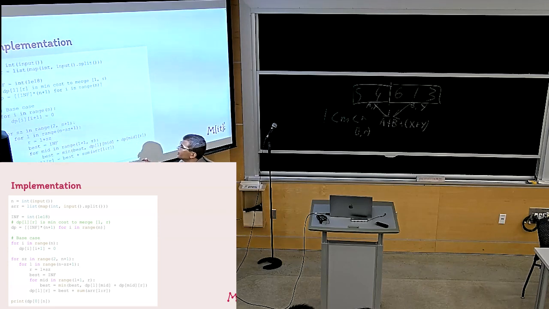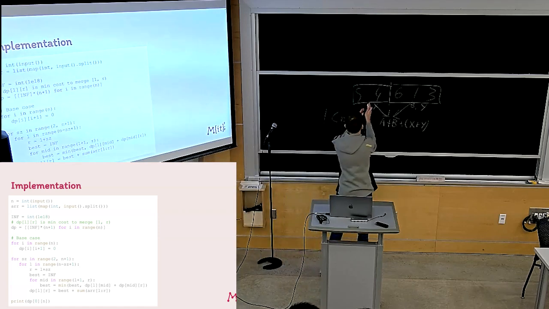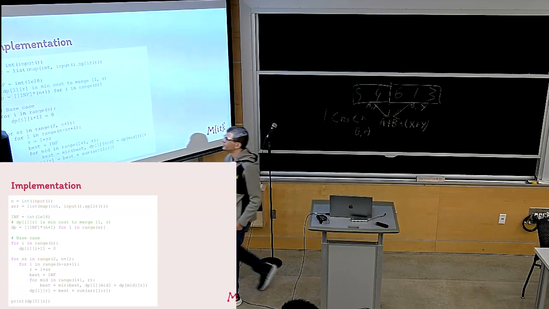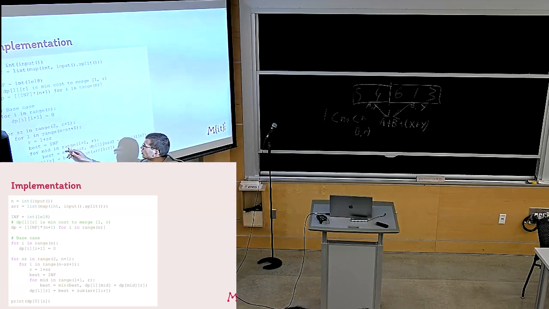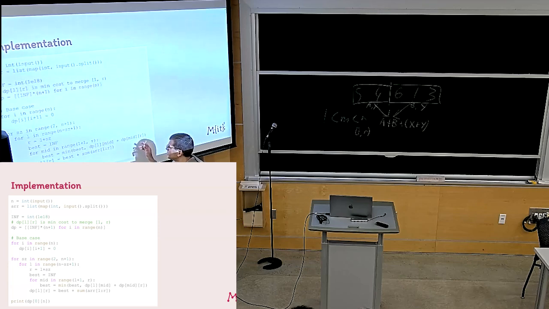And then for each one, I iterate through all possible left endpoints, such that you can have an array of that length starting at that left endpoint. And then for each of those, I iterate through all the possible mid values, and I find the one that gives me the best split. And finally, at the end, I add the sum of the relevant subarray, and then I print the answer.